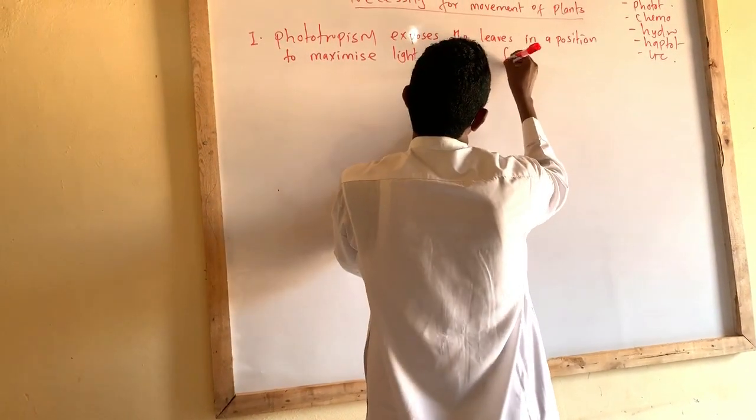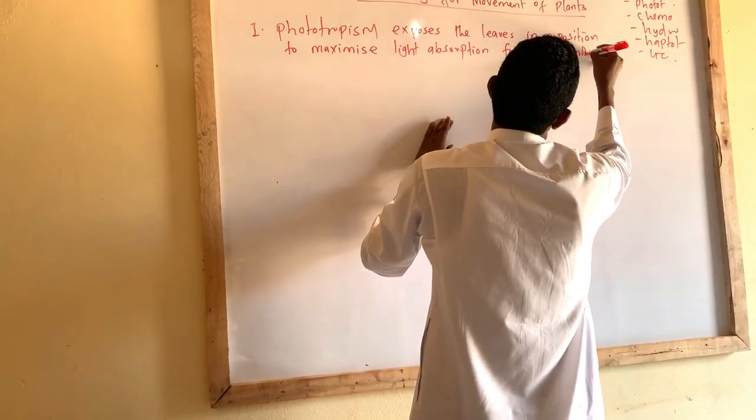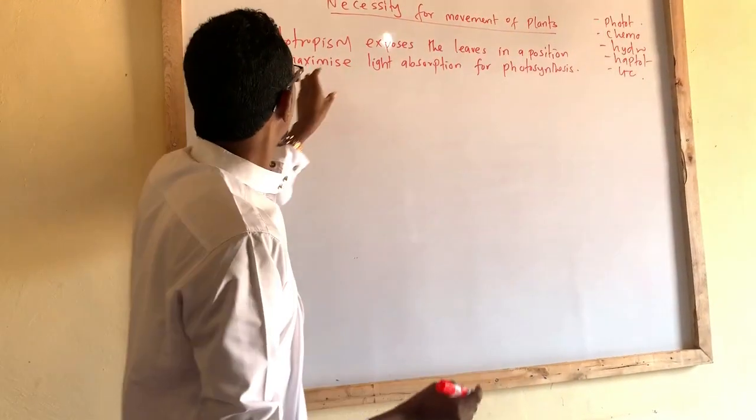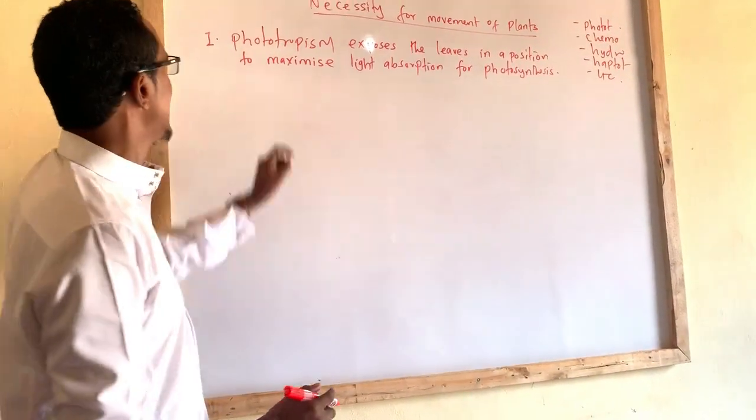Light absorption for photosynthesis, of course. Yeah, that is the importance. This is why phototropism is necessary for a plant.